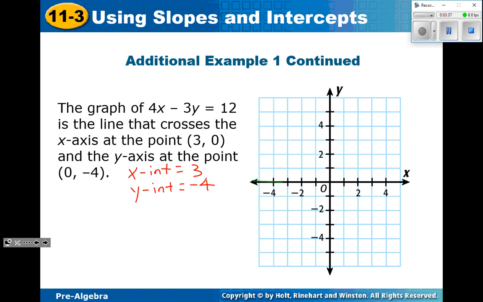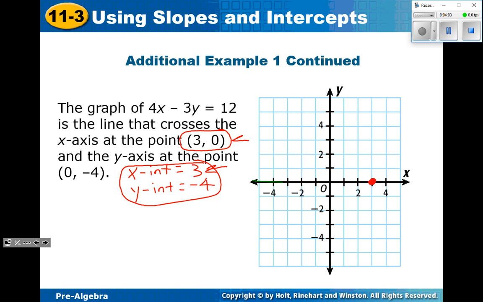Okay, in the last slide, we determined this information, that the x-intercept is 3 and the y-intercept is negative 4. Now notice that those can also be expressed as ordered pairs. 3, 0 is this point here. 1, 2, over 3, up 0. So you could say x-intercept equals 3 and plot that point.